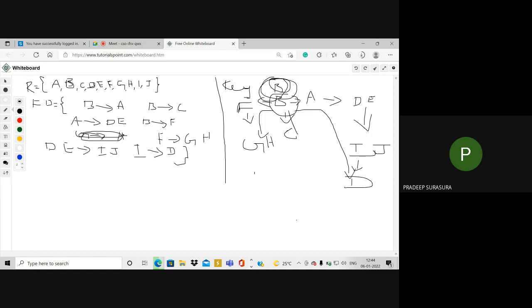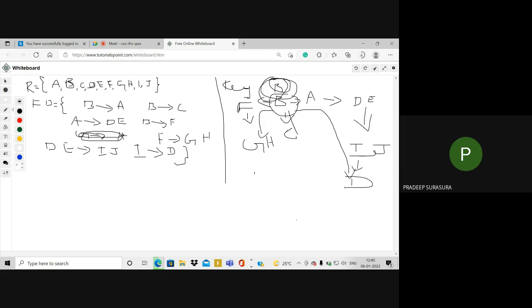Now write down the third normal form definition. R is in third normal form when it satisfies second normal form, and no non-prime attribute is transitively dependent on the primary key of R. This is the third normal form definition.